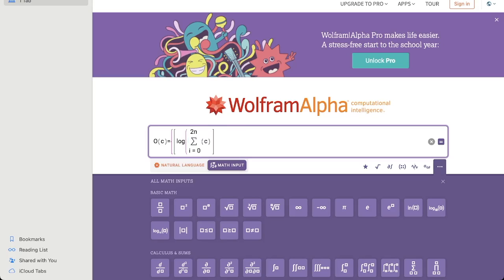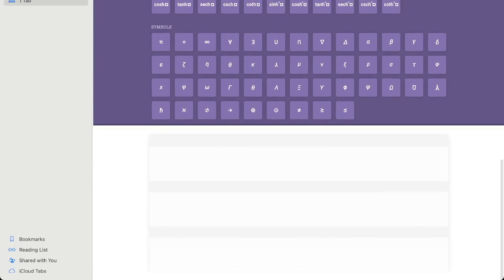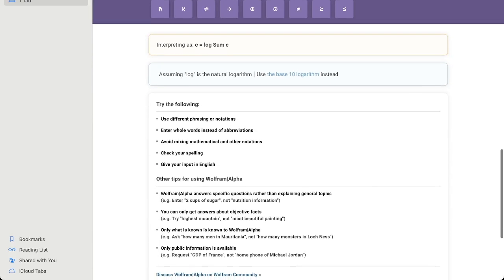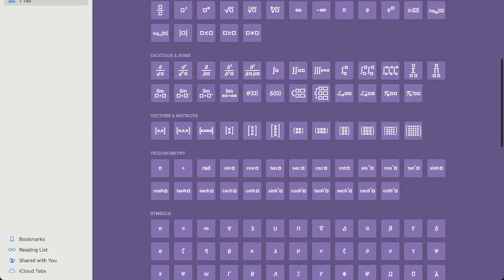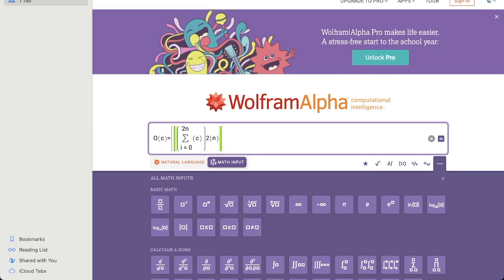I decided to square it in the brackets and get rid of the other side there at the end, and of n, so the log of the sums, which seems like it would make sense, but it didn't put anything in. It said c is the log of the sum of c, which doesn't really help me because it just had a blank page, of course. It doesn't apply, it doesn't work.